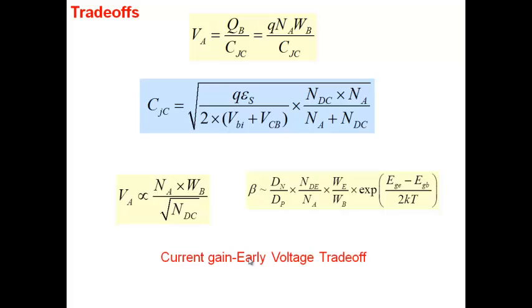It does depend on application. In addition to beta and VA, maybe I should multiply it by the frequency response. If somebody gives you high beta, high VA, and high frequency, does anybody remember how we characterize the speed of a bipolar transistor? What parameter do we use?